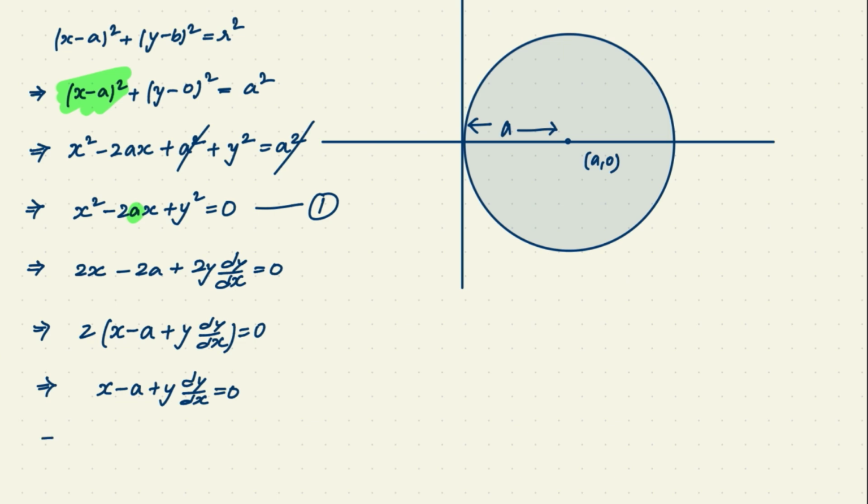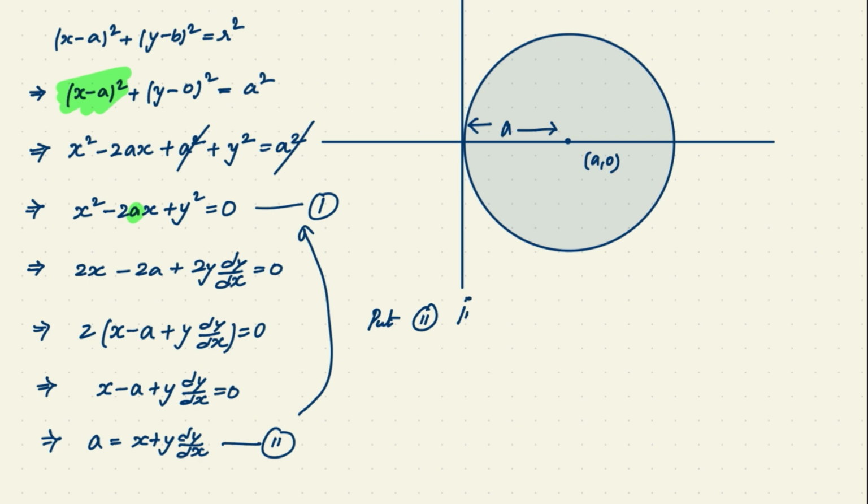So from here, the value of a equals x + y dy/dx, and let this be equation 2. Now we will substitute this value of a in equation 1. On doing so, we will get rid of a. So let us put the value from equation 2 in equation 1.